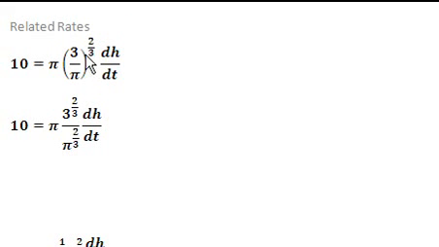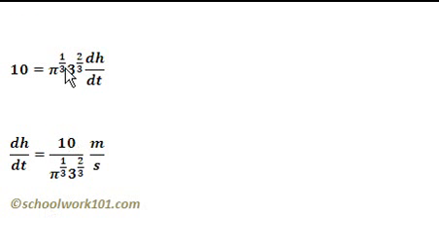Then I'm going to break this up as the 3 raised to the 2/3, pi to the 2/3. I can take this pi to the 2/3 up to the top, and we end up with pi to the 1/3. We're still solving for dh over dt, and we end up with our final answer. Don't forget your units, meters per second.